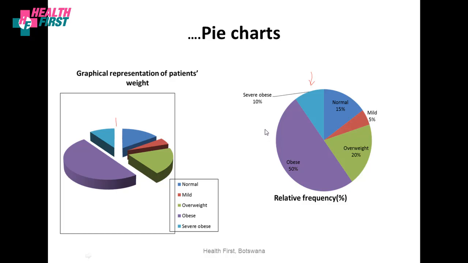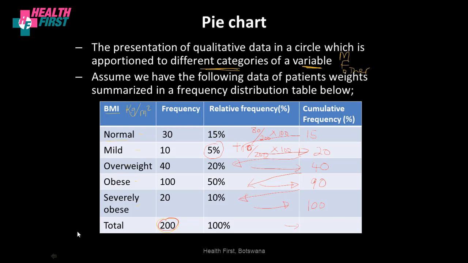The way you would come up with these portions, you look at the frequencies on the frequency distribution table. For instance, we know that the circle itself is 360 degrees. Remember, we are dealing with angles in the pie chart, so it's 360 degrees, the entire circle.